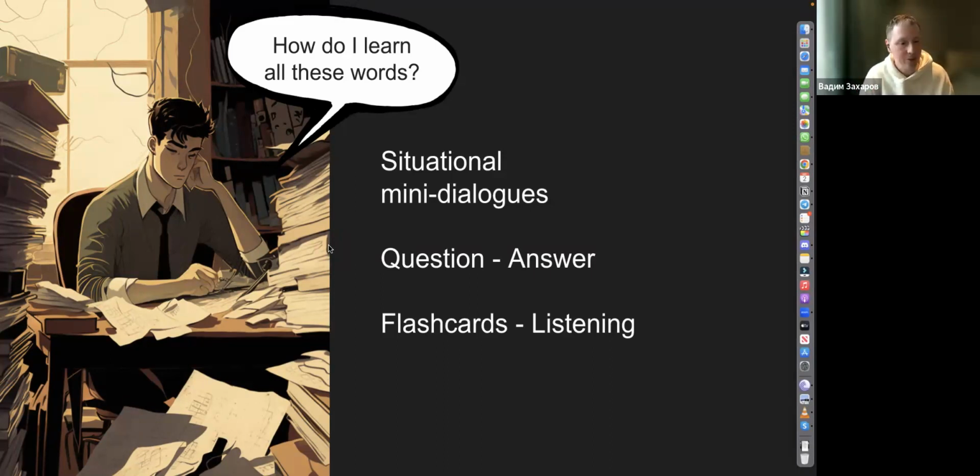For example, you go to a restaurant and you think, what phrases do I need to learn? I need to order some food, I need to ask a question, like, what do you have? How much is it? So when you make those dialogues, you think about what you will actually say and what you will have to deal with. I call them situational mini dialogues.